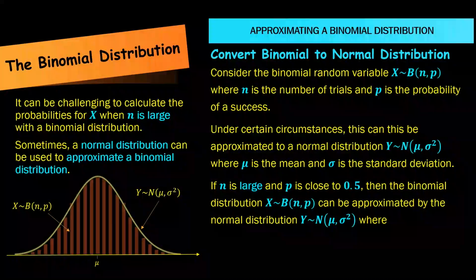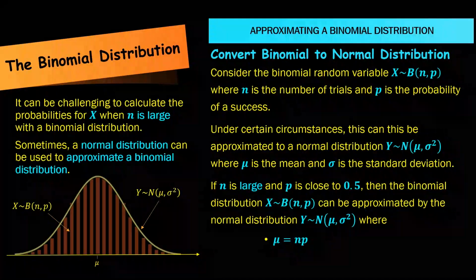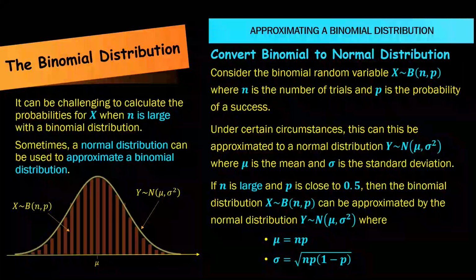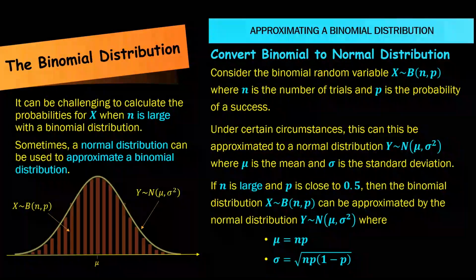This can be done if n is large and p is close to 0.5. In these circumstances, mu, the mean of the normal distribution, equals n times p, and sigma, the standard deviation, equals the square root of n times p times 1 minus p.